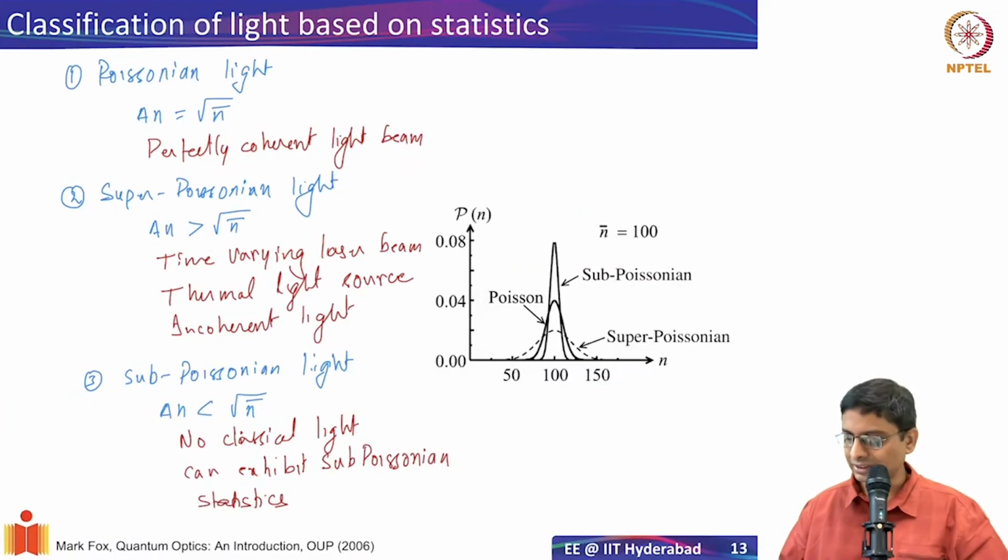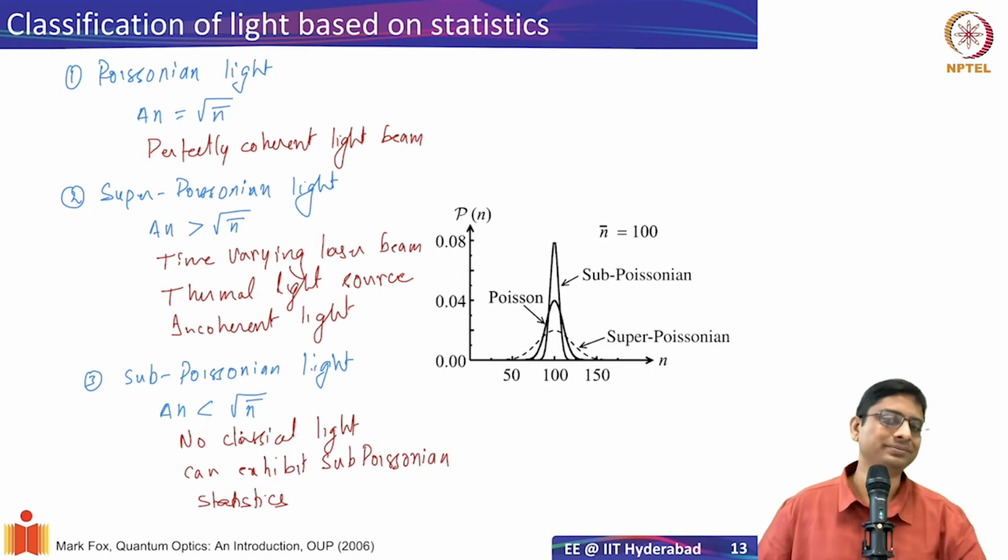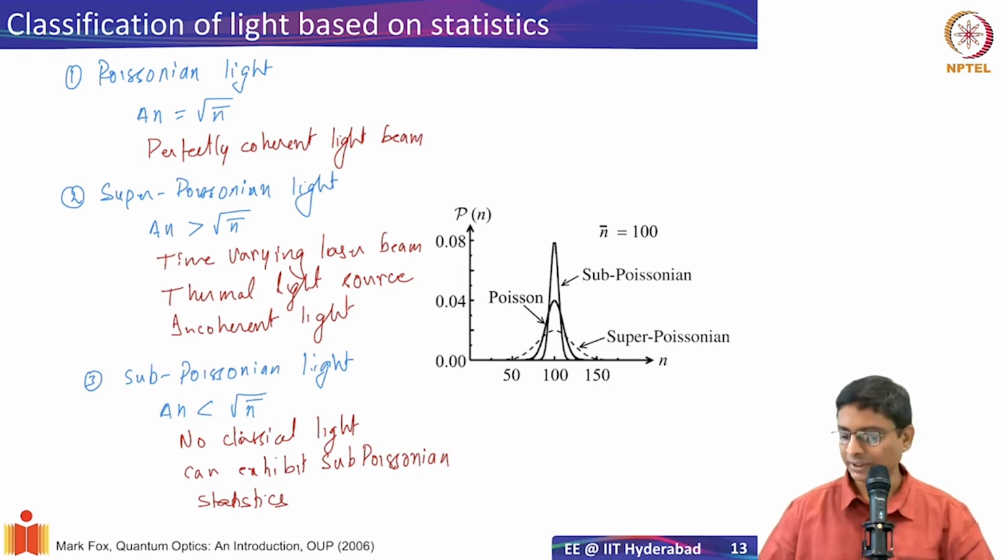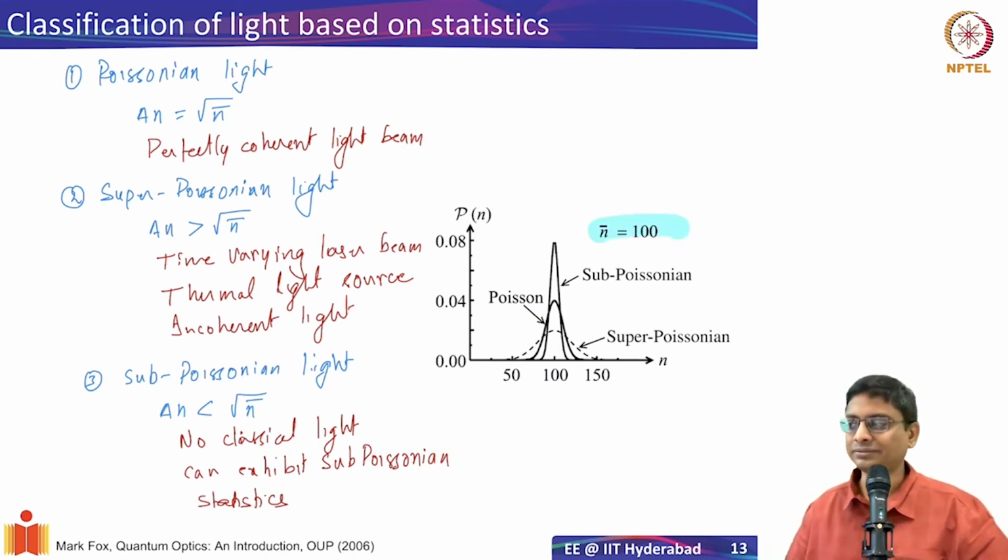So if you have a sub-Poissonian light source, you will have a very, very sharp output, right? This is sub-Poissonian here because the width is very small. So Poissonian is this solid line. Super Poissonian is broader than the Poissonian statistic. Sub-Poissonian is sharper than that for the same average photon number. All three graphs here have the same average photon number of 100.